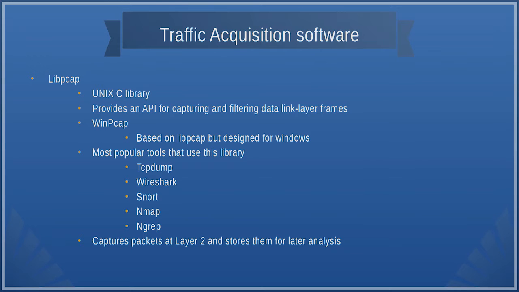You also have WinPCAP, which is used for Windows, and many of the tools such as TCPDUMP, Wireshark, Snort, Nmap, ngrep, etc., make use of this libpcap. What it does is it takes layer 2 information and stores it for analysis.